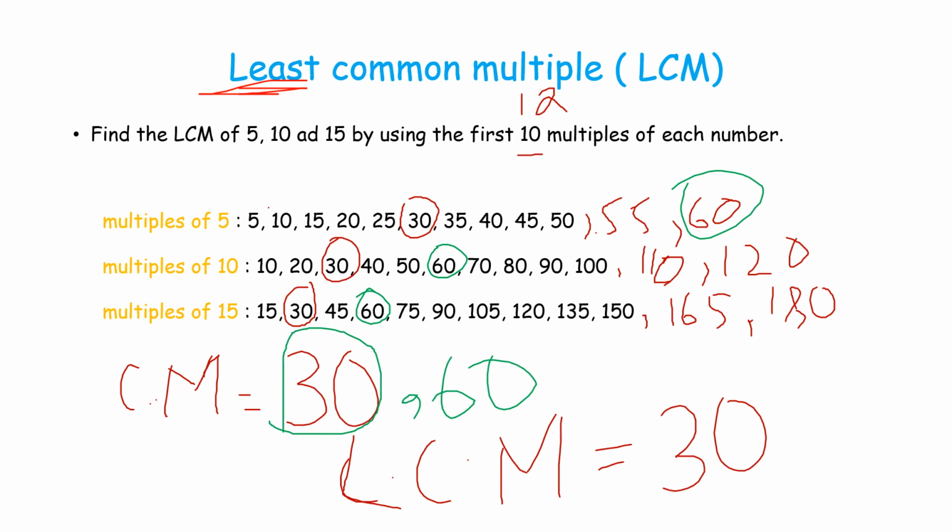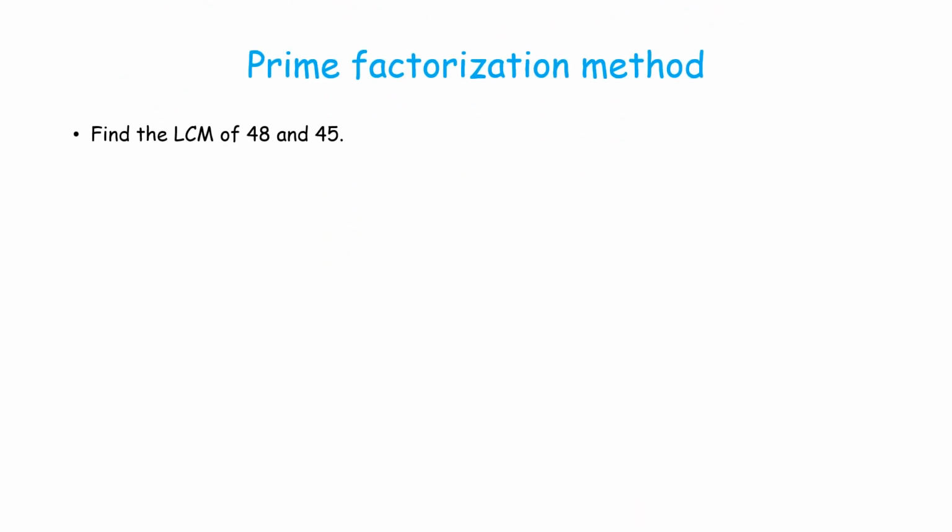Now we will do the prime factorization method. Now we have to find the LCM of 48 and 45 by using the prime factorization method. In the prime factorization method, we do it like this.